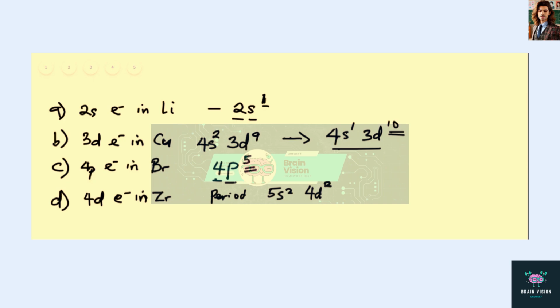But the 4d is lower in energy than the 5s, so you have 4d2, then 5s2. And of course, the number of d electrons in zirconium is 2.